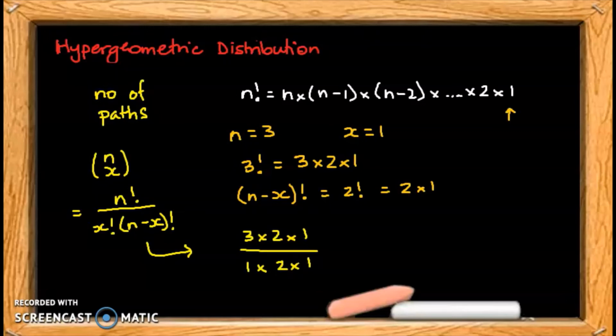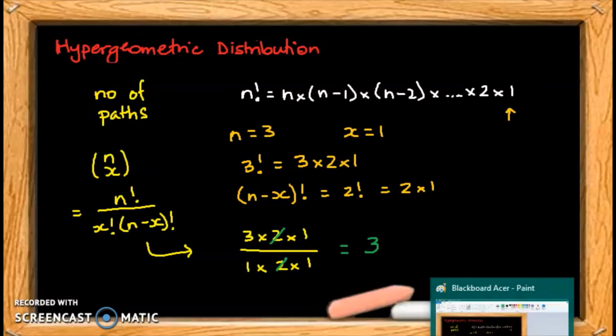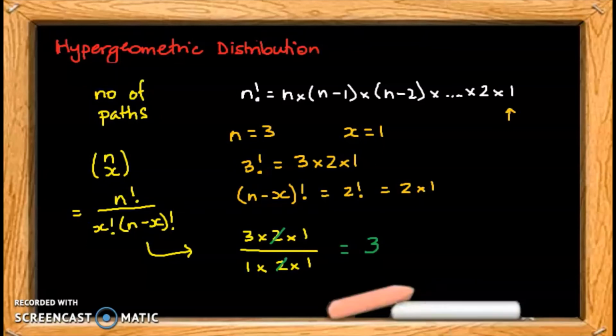If we leave the 1's in, we'll find that we'll have exactly the same number of terms in the numerator and the denominator. Then when I cancel out, obviously I can ignore the 1's, I cancel out the 2's, and I end up with 3 different paths. Now that works for absolutely any tree diagram with any number of steps, checking any number of desired outcomes.